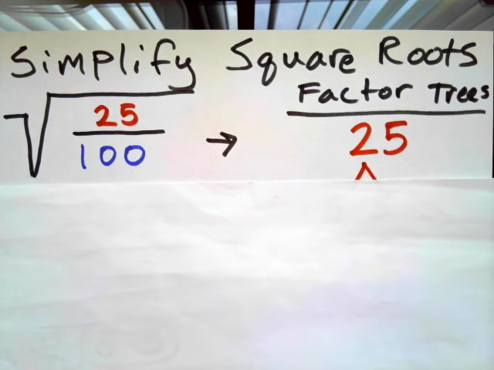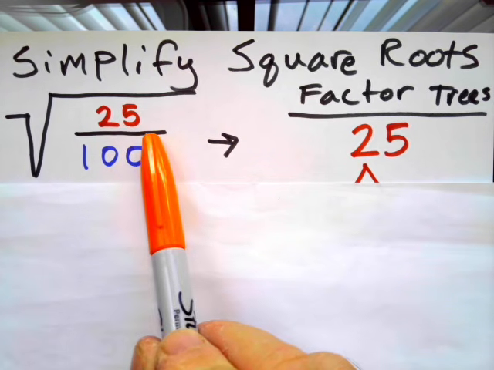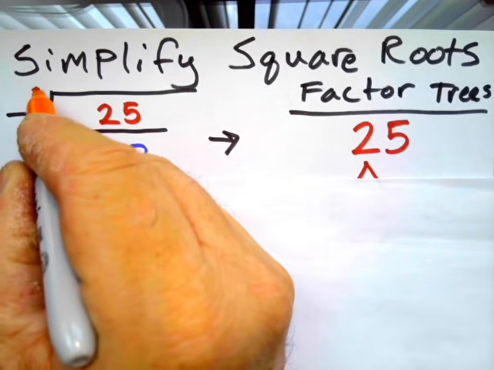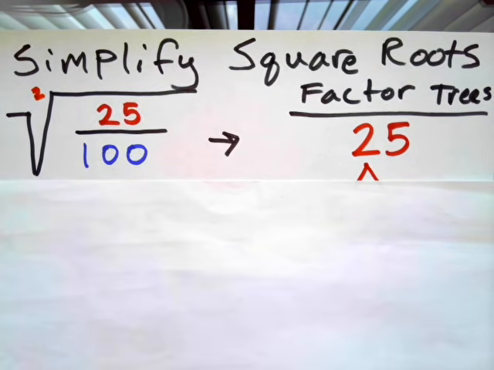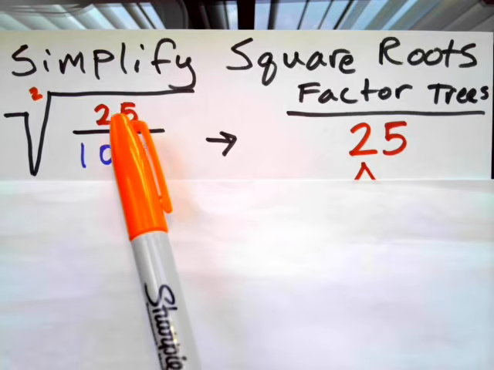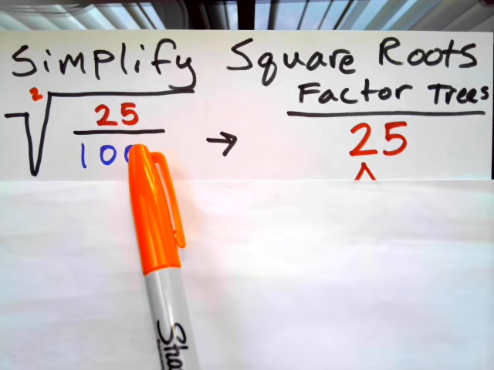We have a square root problem of 25 divided by 100. Remember, every fraction is a division problem, and that is a square root. You can write that 2 up there, like an invisible 1. Go ahead and show it, that'll help clarify what you need to do. We're going to use the quotient rule to break down this radical.